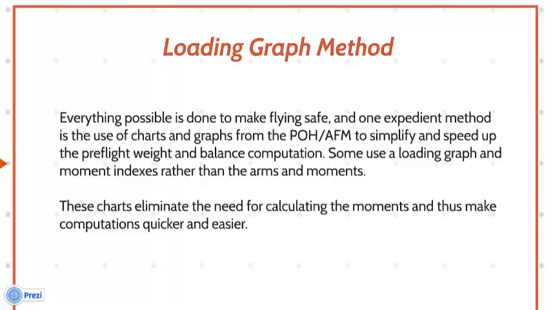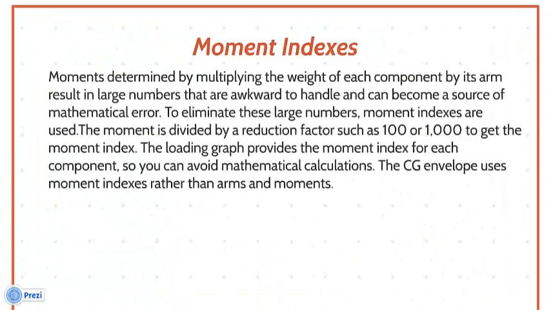Moment indexes. Moments determined by multiplying the weight of each component by its arm result in large numbers that are awkward to handle and can become a source of mathematical error. To eliminate these large numbers, moment indexes are used.